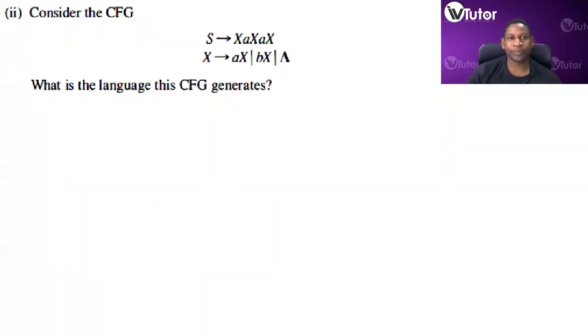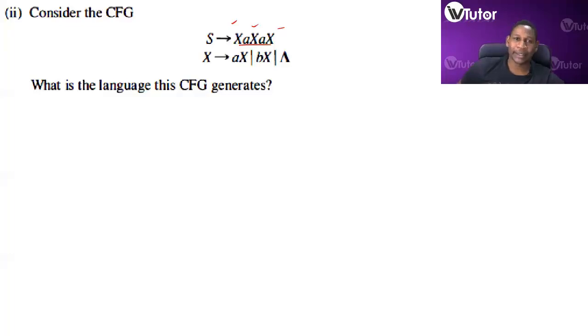Let's look at another one. Right. We are given a CFG and they ask what is the language this CFG generates. So here they're asking us to interpret the CFG. Now, this is not a regular language. We do not have a same word. Right? This is not a same word.